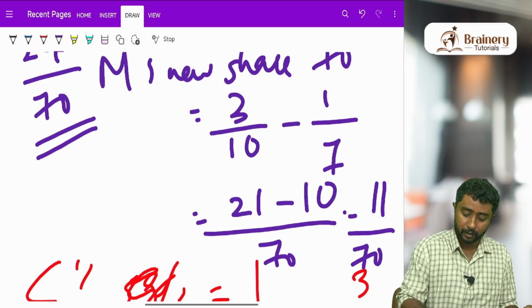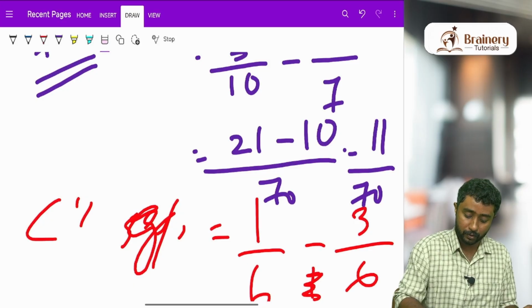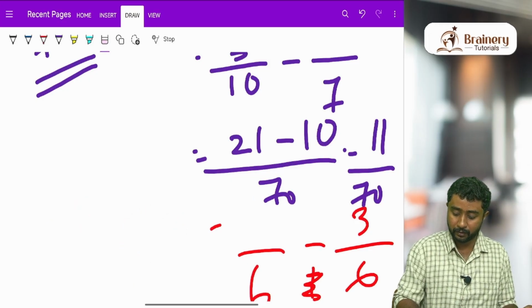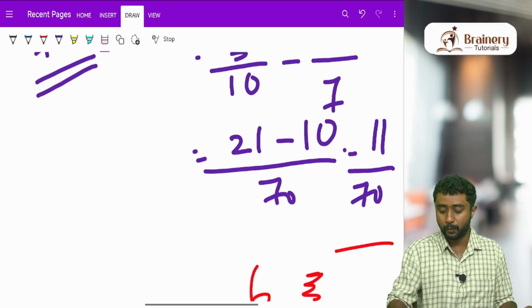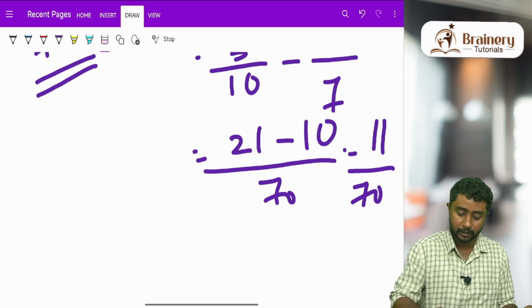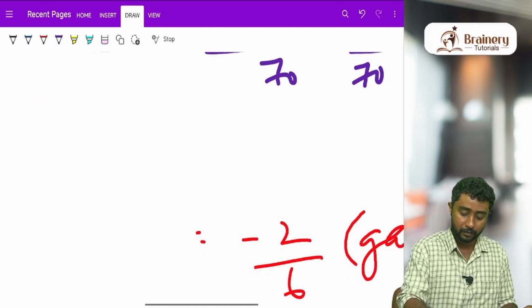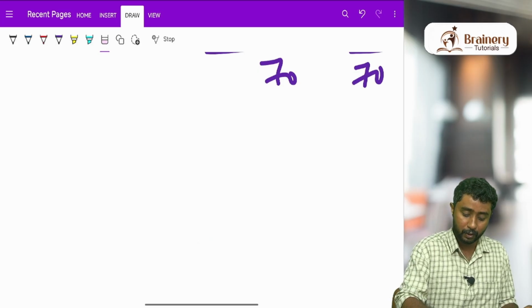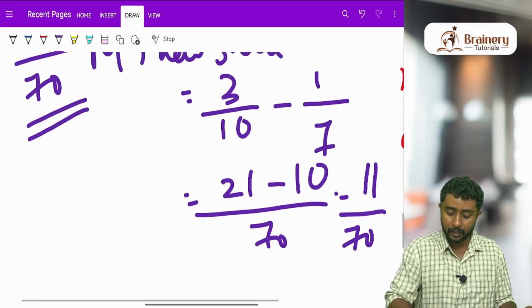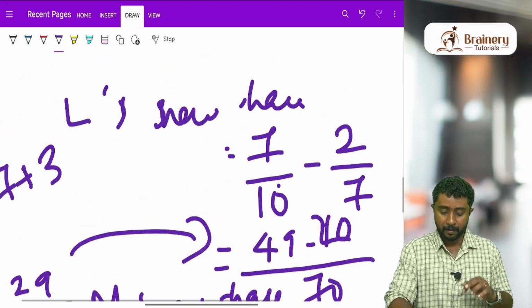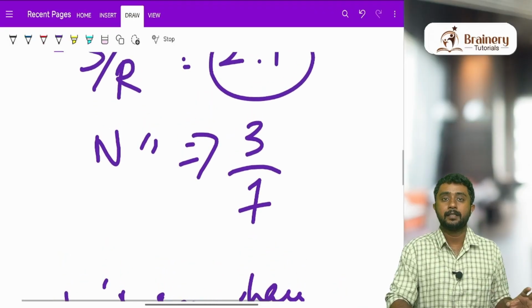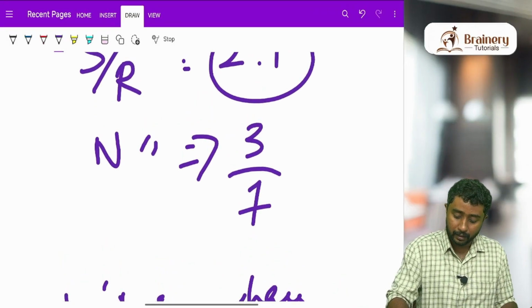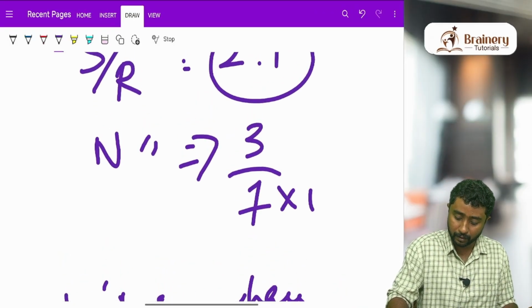Okay, so we got these two people's new share. Now how do we find the new profit sharing ratio? Calculating the new shares and putting them in the form of a ratio is the new profit sharing ratio, right? To put it into a ratio, the denominator should be the same for all the people. L's and M's are out of 70, but N's is not out of 70. We have to convert it into 70.